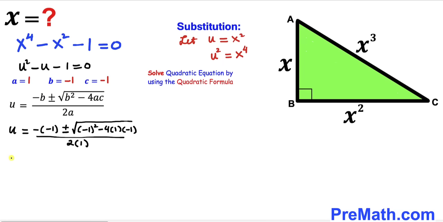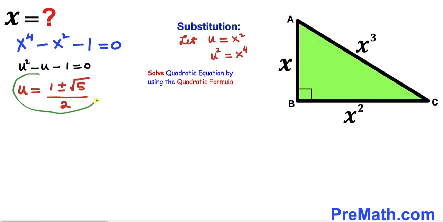Let's simplify. So u equals negative, and negative becomes positive 1, plus or minus the square root of negative 1 squared, which is simply 1, plus 4, all over 2. Therefore we end up with u equals 1 plus or minus the square root of 5, all over 2. Here we got our u value.